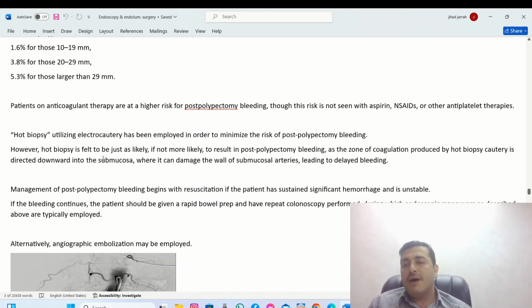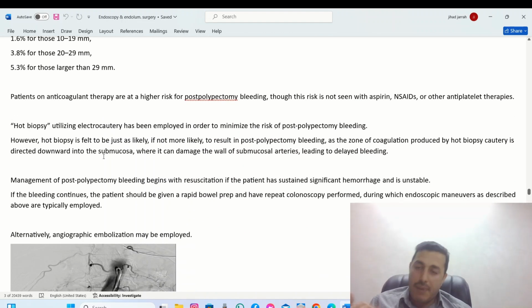In the past, while taking biopsies, they used the hot biopsy. Hot biopsy means using electrocauterization to remove the polyp or the lesion. In contrast, we have the cold biopsy, where we do not use cauterization.